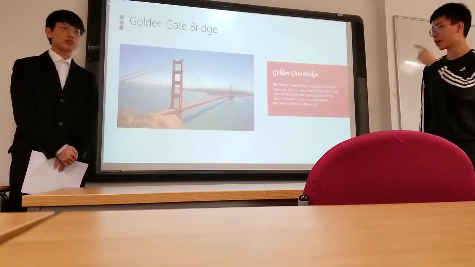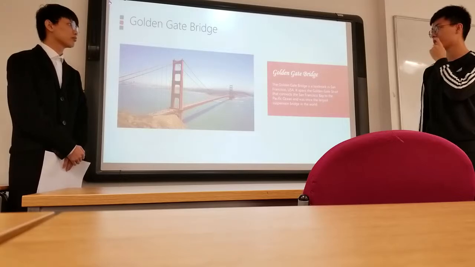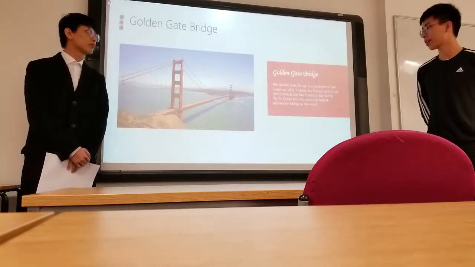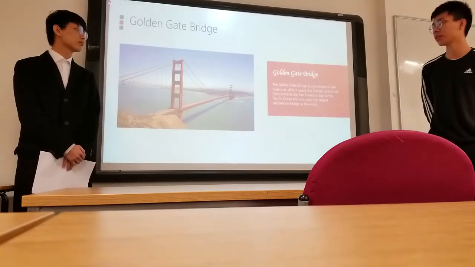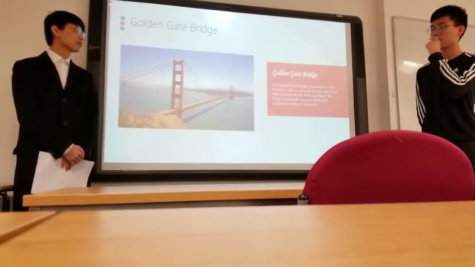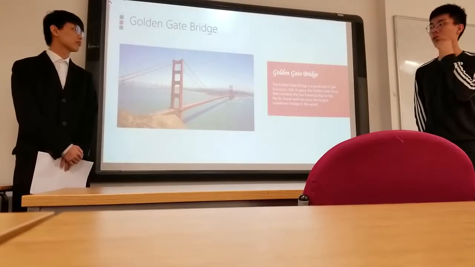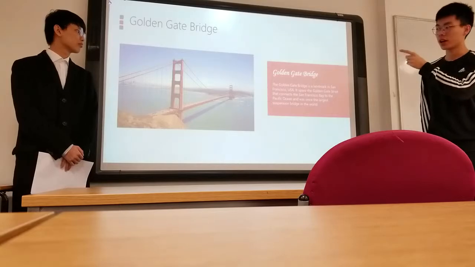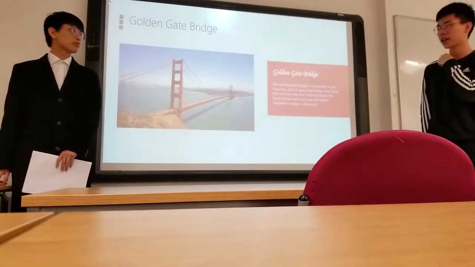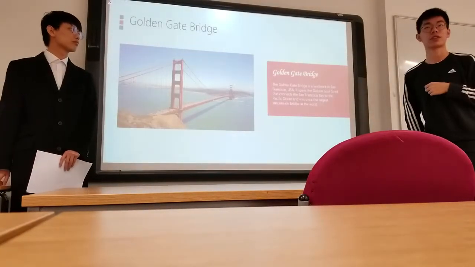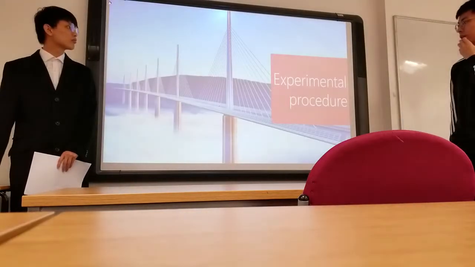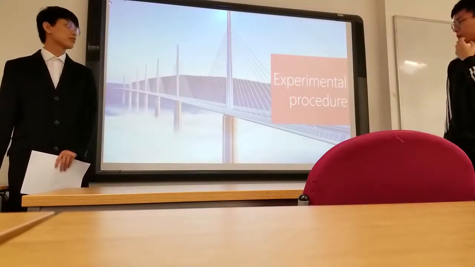The famous example is the Golden Gate Bridge in San Francisco. This kind of bridge can cross a long distance, so we often choose the suspension design in some bridge construction. And the next is our experimental procedure.